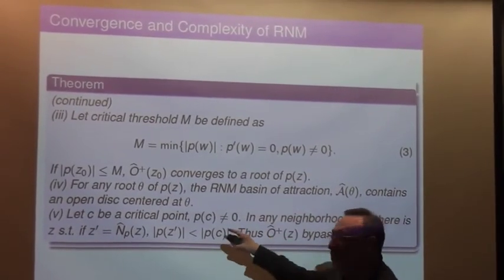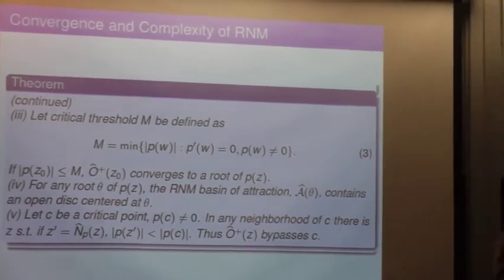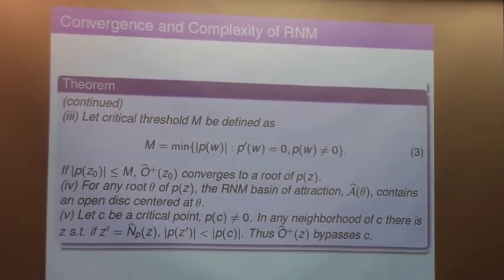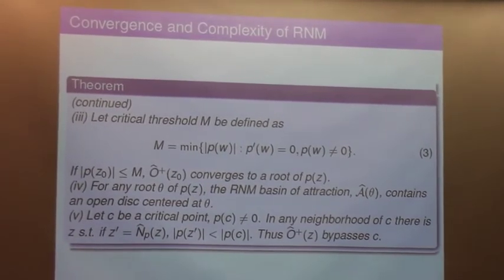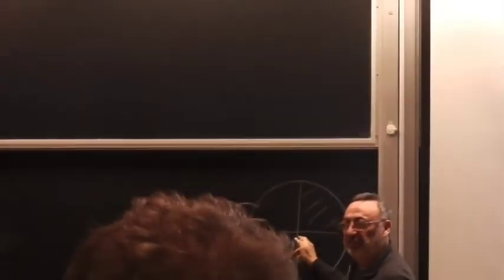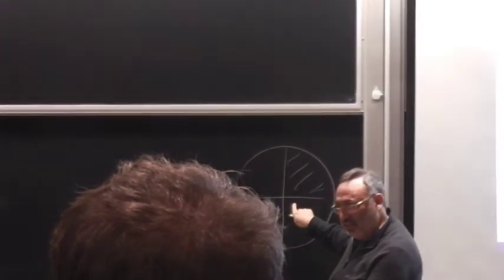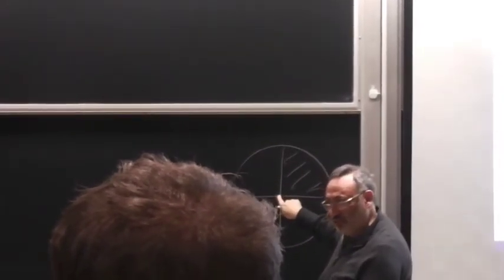And if you have a critical point, what happens? You remember here, if you have a critical point, say these are descent directions. So if you pick any point here, the next iteration is going to go below this, so you're never going to get close to this critical point.